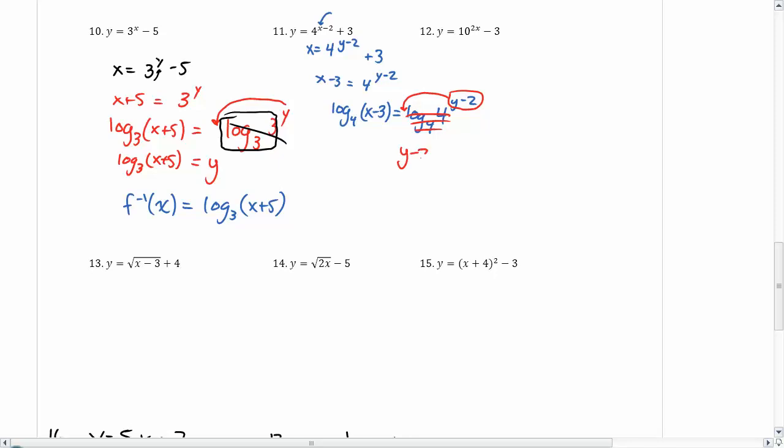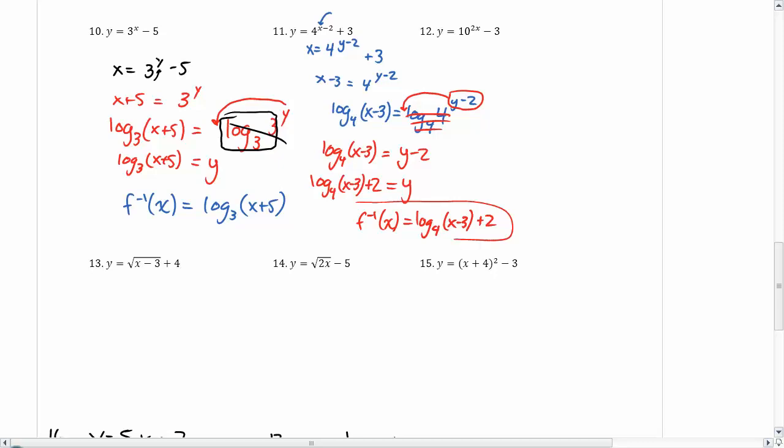So we have y minus 2 equals log base 4 of x minus 3. Last step, add 2 to both sides. So y equals log base 4 of x minus 3, plus 2. Or, finally, f inverse of x equals log base 4 of x minus 3, plus 2.